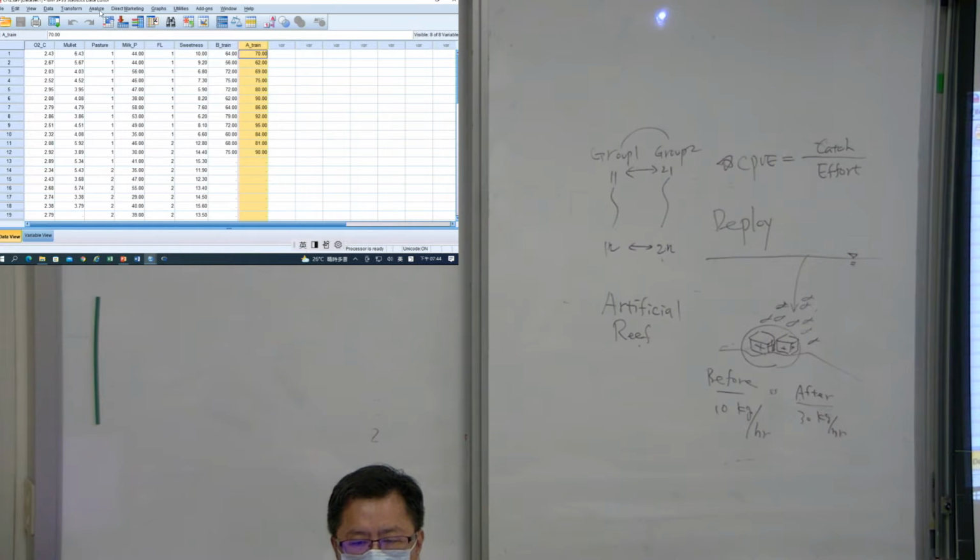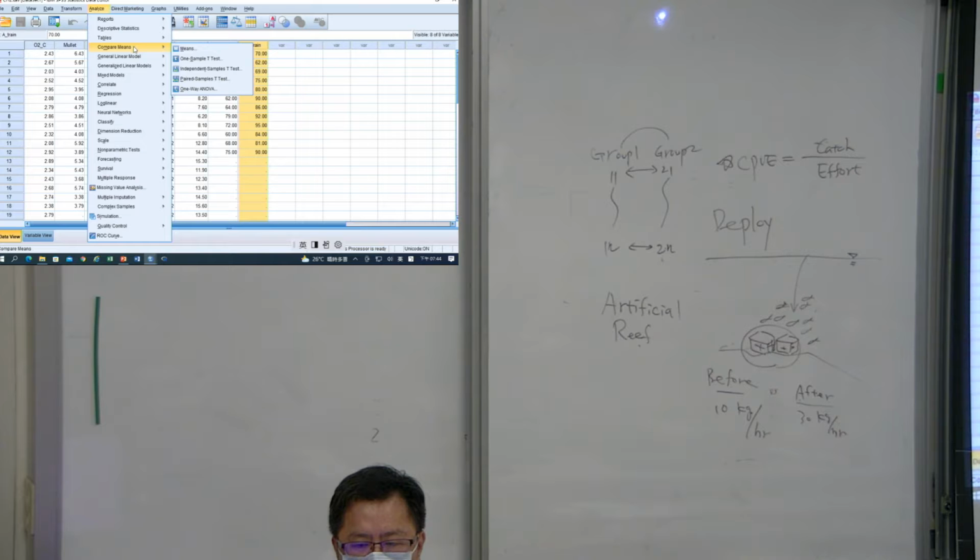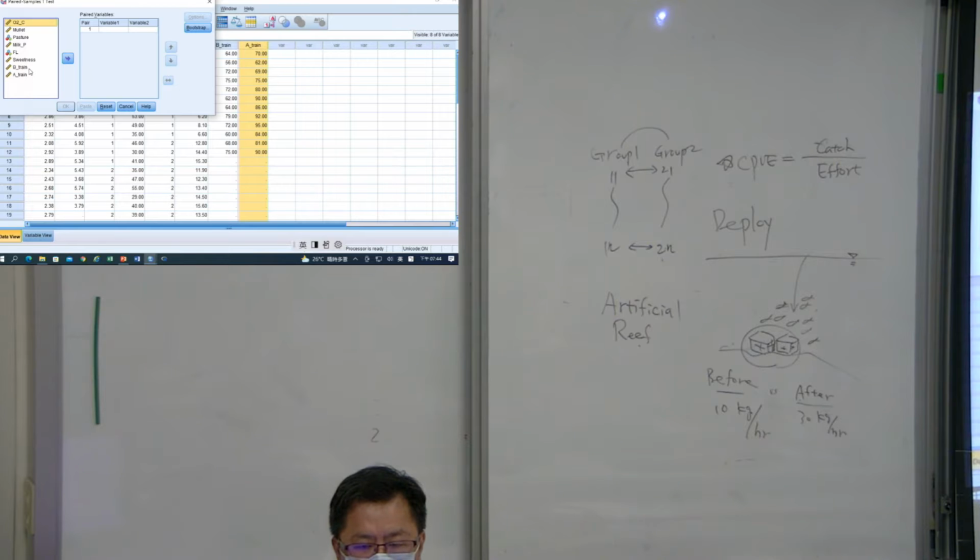So we do Analyze, Compare Means, Paired Samples t-test, okay? Remember, you put the variable here as variable 1, and the other, for example A train, as variable 2.